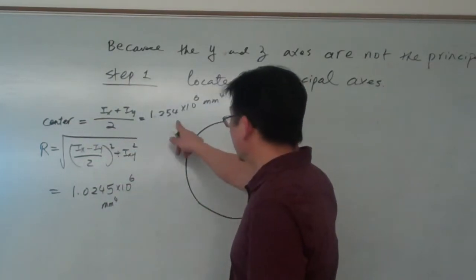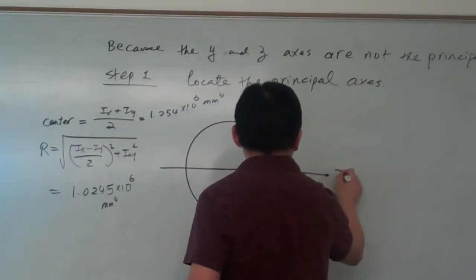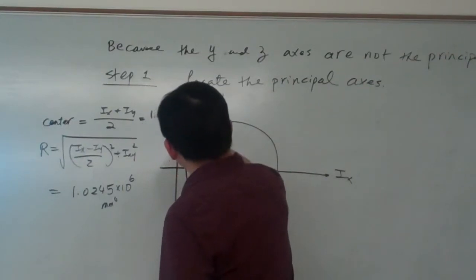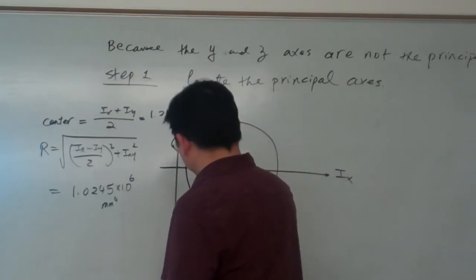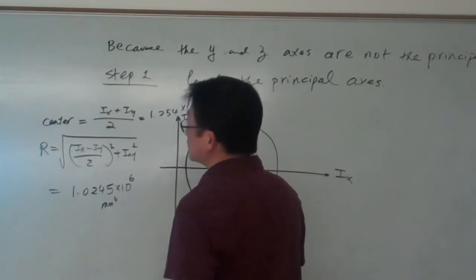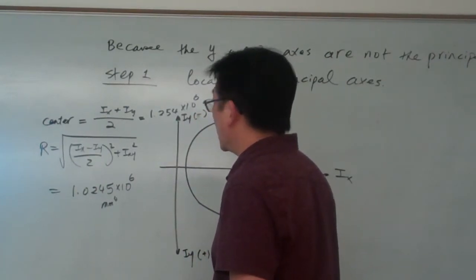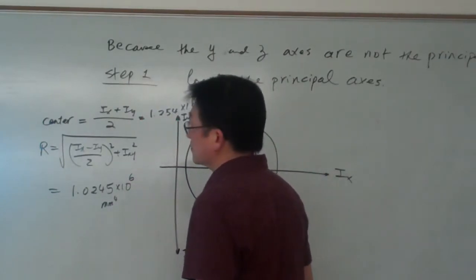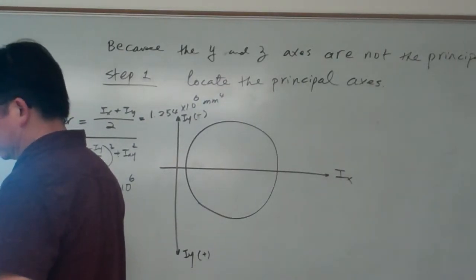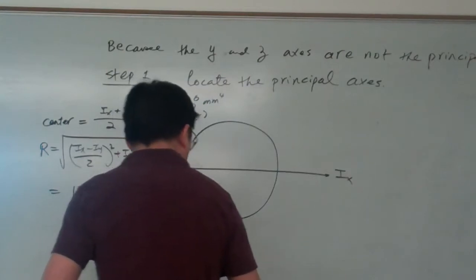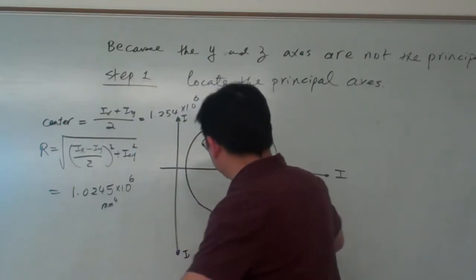So the center is a little bit distant from the radius. So that is Ix, and here is Iy, negative, positive. Let me change the symbols here.